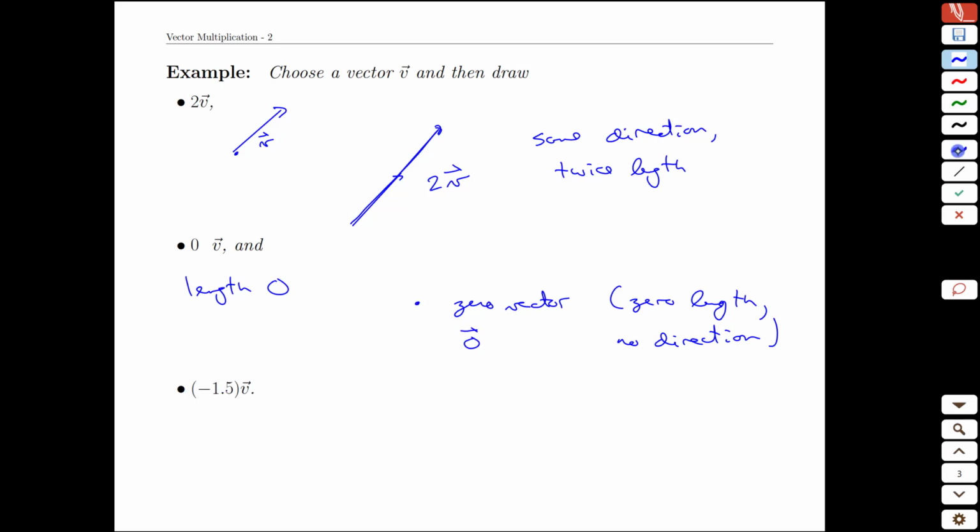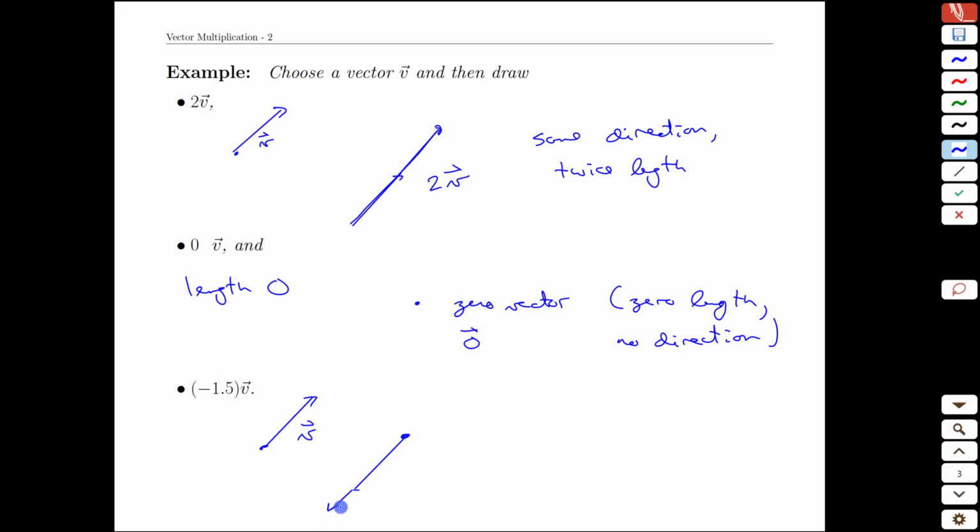If we take negative 1.5 times v, again, we're going to draw v. If we take that same vector and multiply it by 1.5, it'll get 50% longer. But then the negative sign tells us to change the orientation and change the direction.